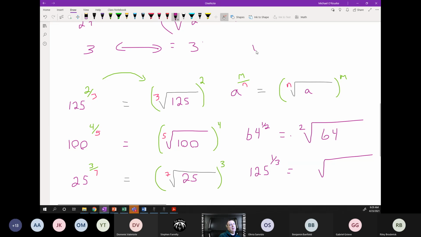This comes with practice. As long as we know how to plug it into our calculator to figure it out. And the nice thing is if you have a square root like this, you can move it into exponent form and solve this in your calculator probably a lot easier than you can this. Okay? All right, so put a D in chat when you're done this question.